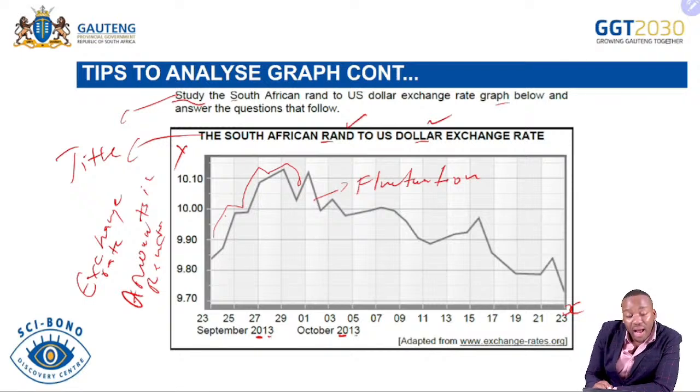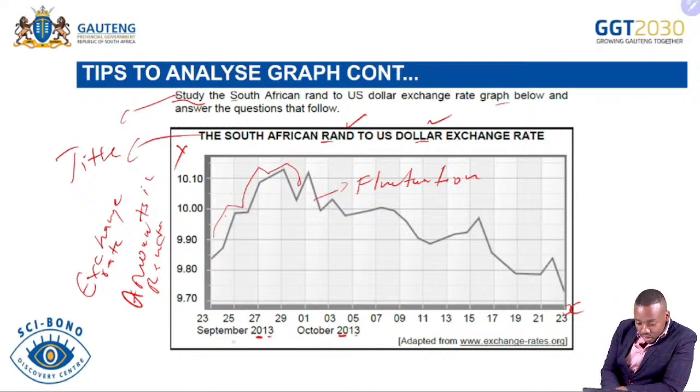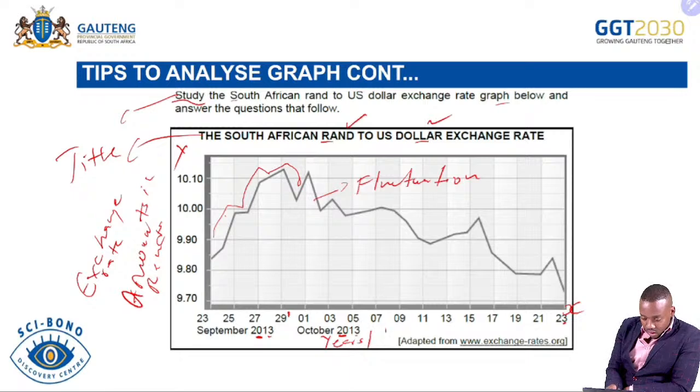And then on your x-axis, we have the 2 months being compared. September ends here. And then from here, it is the 1st of October up until the 23rd of October. Obviously, on this side, we've got the years or the days, and also the months.